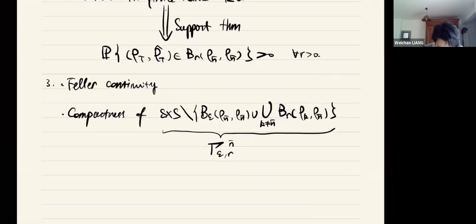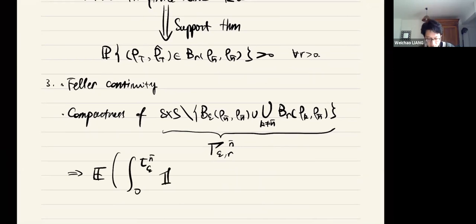And this is a compact space. Okay. And just by applying the standard arguments in the one-dimensional diffusion process, we can show that the expectation of this integral from 0 to this stopping time of the characteristic function is bounded by a constant k.